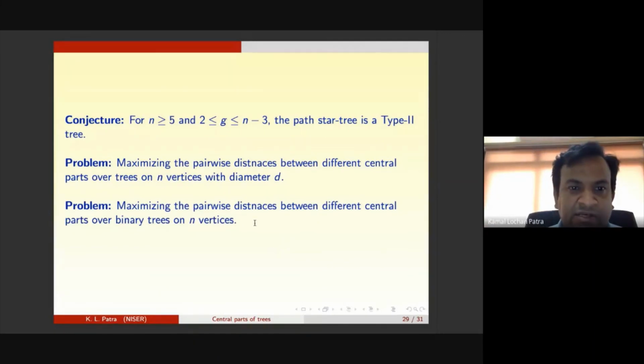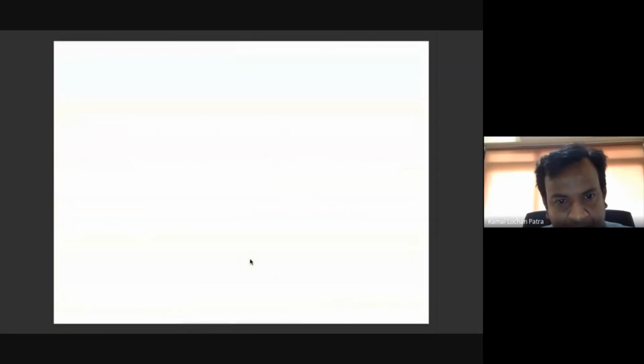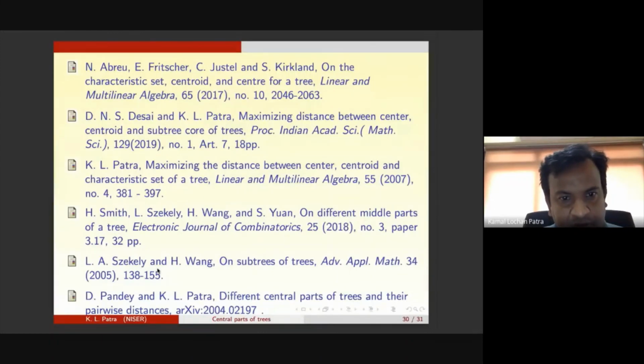One can think about this problem, where they proposed this problem and also some conjectures. In this paper by Smith, Shikli, Wang and Wang on different middle parts of a tree, published in the Electronic Journal, they studied center, centroid and subtree core.